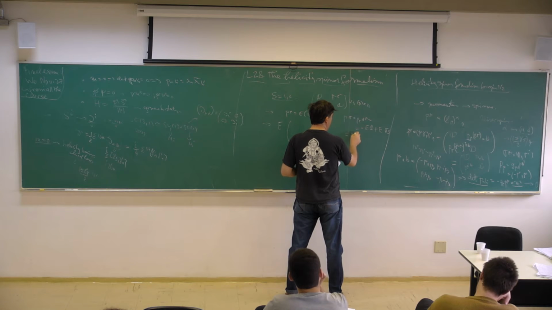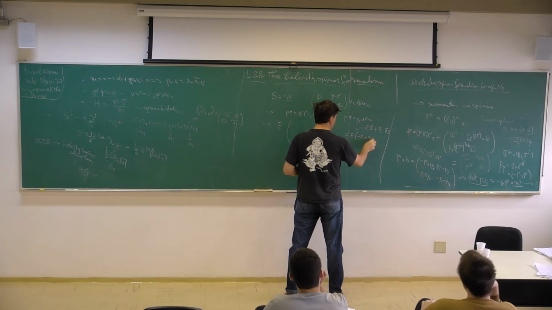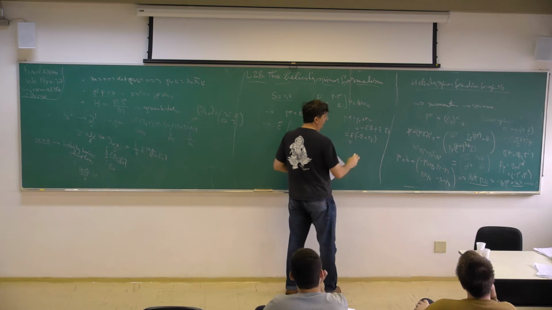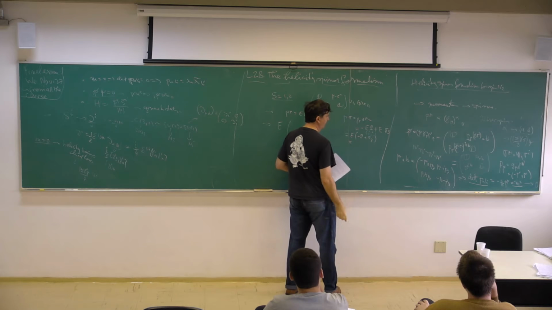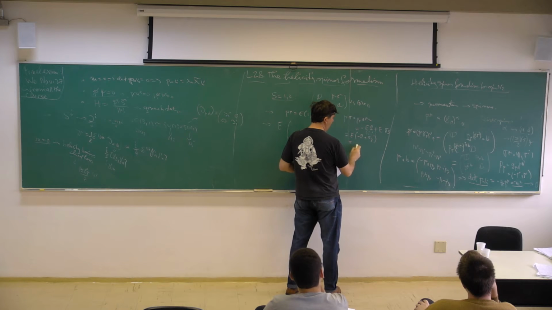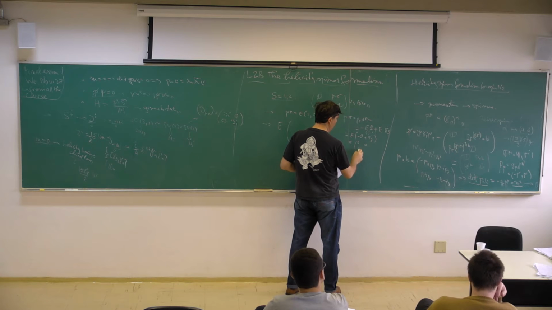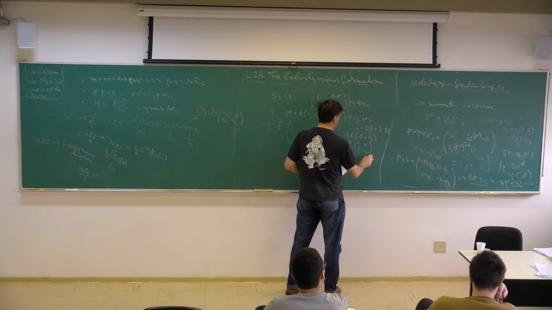So this is E times (−1 + σ^3). And σ^3 is diag(1,−1), so this is equal to the matrix with entries 0, 0, 0, −2.